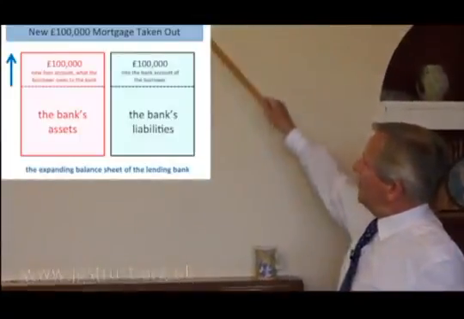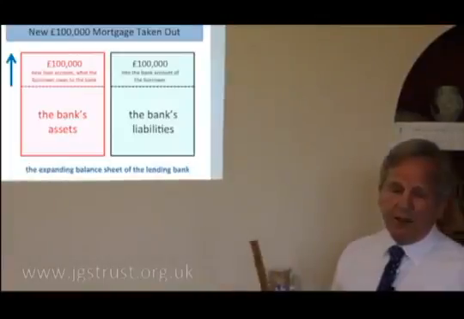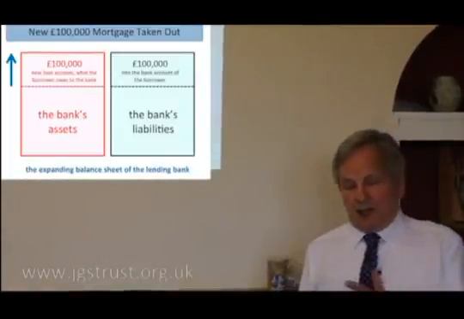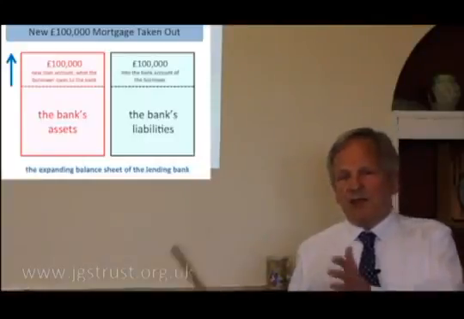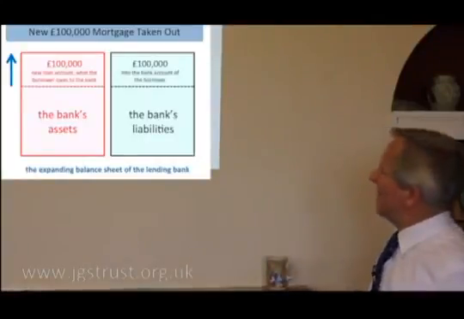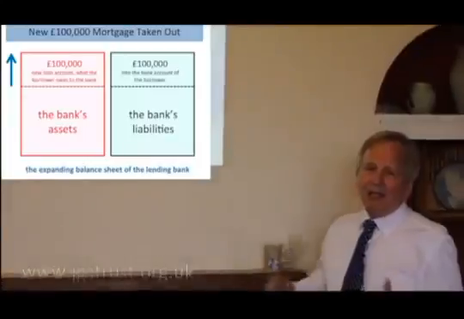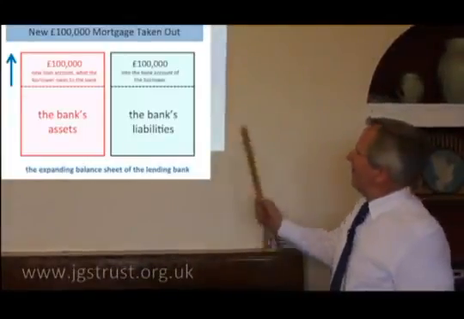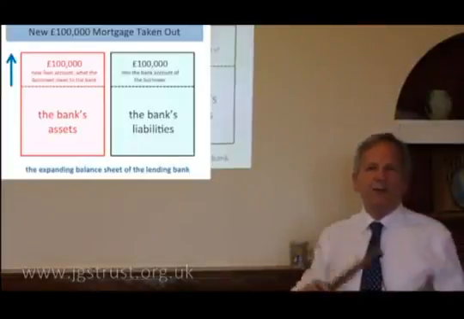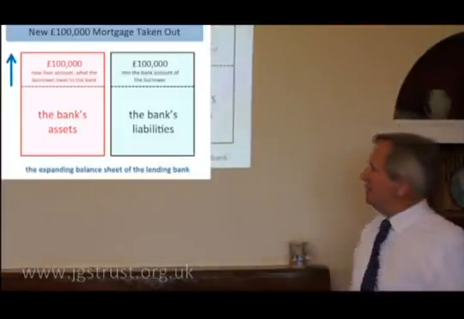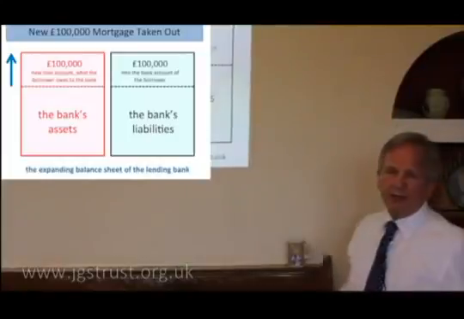Well, the borrower, the person who took out the loan, has £100,000 in his current account. Actually, it has probably gone to his solicitor's current account in practice, but it is a liability to the banking system. When we're just pretending to look at one bank as though everything's happening in one bank, conceptually that's okay if you think of it as the whole banking system.